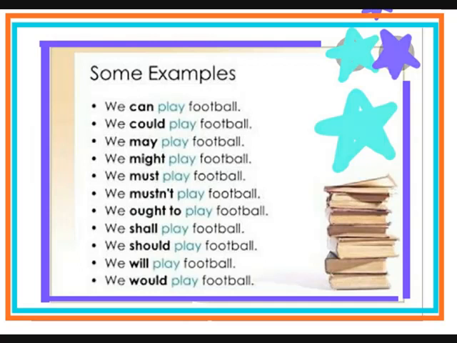Now moving to the eighth sentence, we shall play football. Shall is also used to express obligation. Then we will play football, showing you time in future. And the last and the tenth sentence, we would play football. It shows conditional mood.